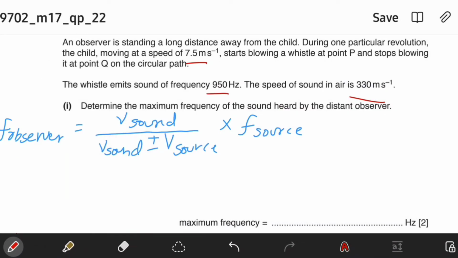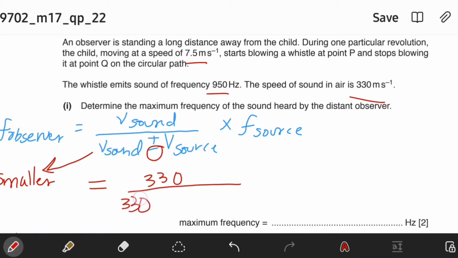So for a maximum frequency of the sound heard by the observer, the denominator should be smaller, right? So we need to subtract. Okay, let's put in the values. Speed of the sound 330, speed of the sound minus speed of the source, which is 7.5, and the frequency of source 950, and the answer is 970 hertz.